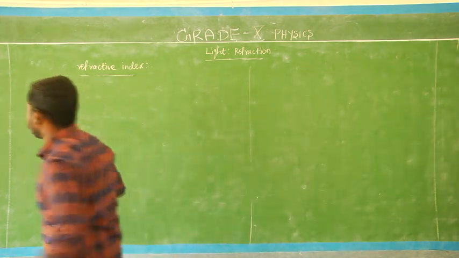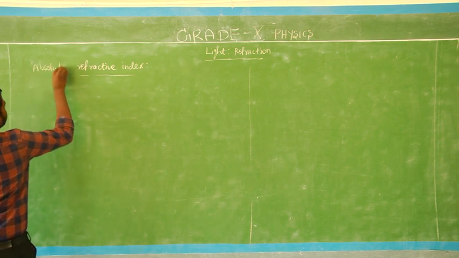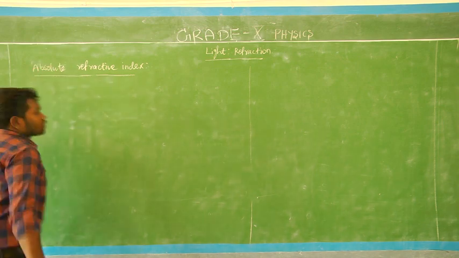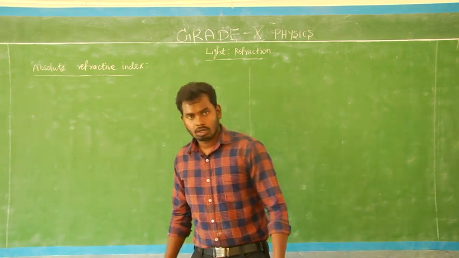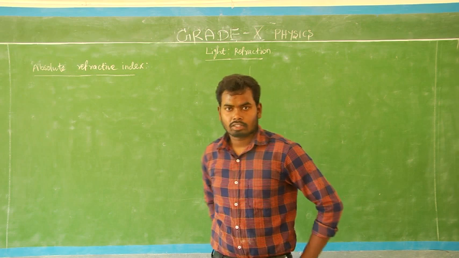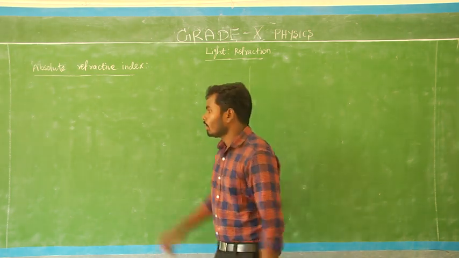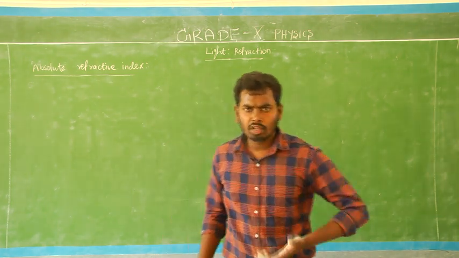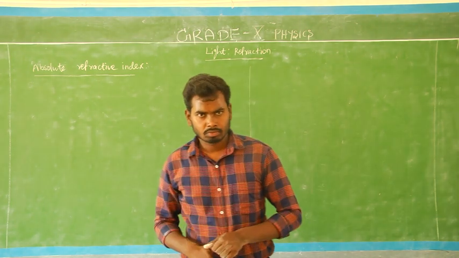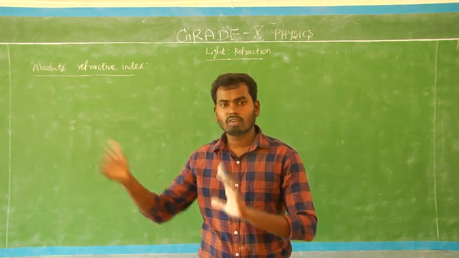We can get the relative refractive index value from the absolute refractive index also. So the second one is absolute refractive index. What is absolute, sir? In relative refractive index, air or vacuum is not there, which means light goes from one medium to another medium other than vacuum or air.